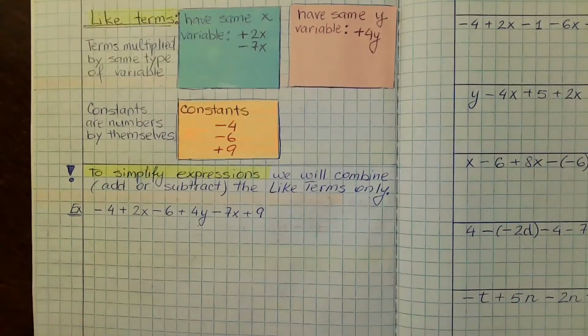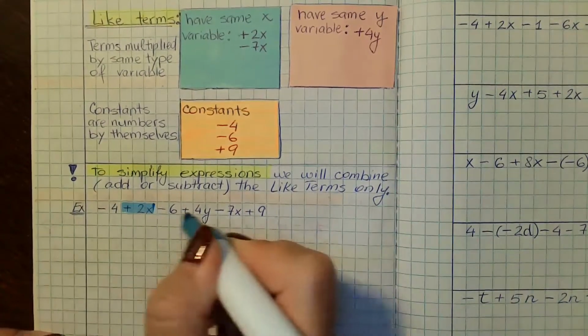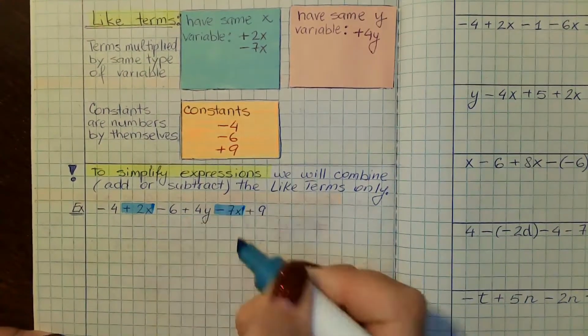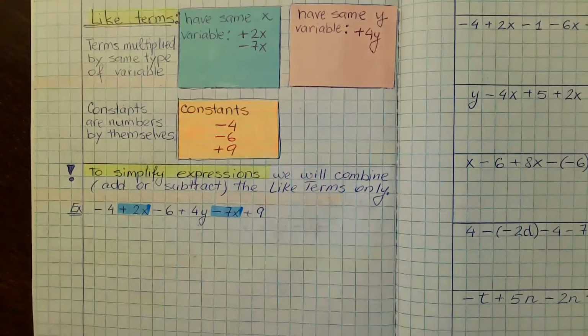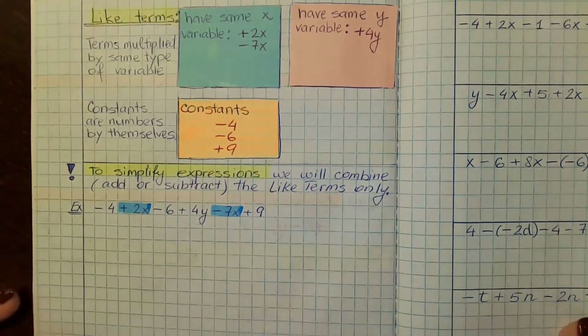So I'll use the same expression and I'm going to collect my x terms first. So I have positive 2x and negative 7x. When we start simplifying, we rewrite the expression first, lining up the like terms in alphabetical order, then we add or subtract them. So in XYZ, ABC order means alphabetical.